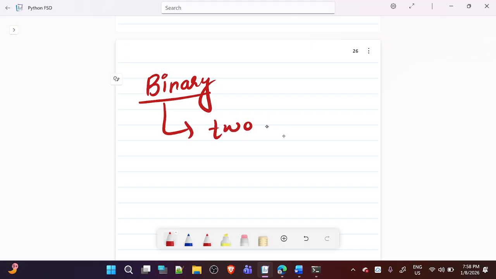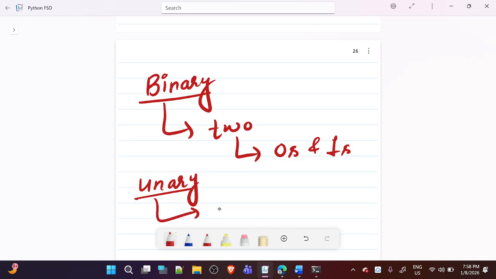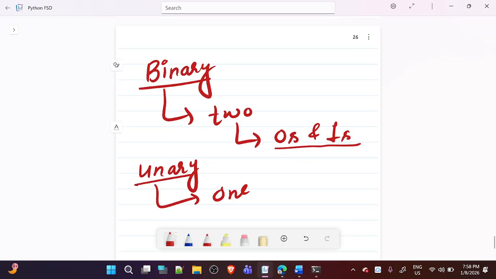So the machine understands two symbols, 0 and 1. Unary means a language having one symbol; binary means two. So the machine understands one language, known as binary language, which is 0 and 1.